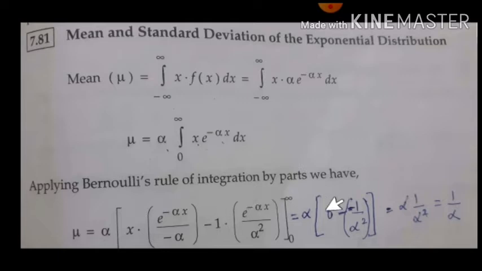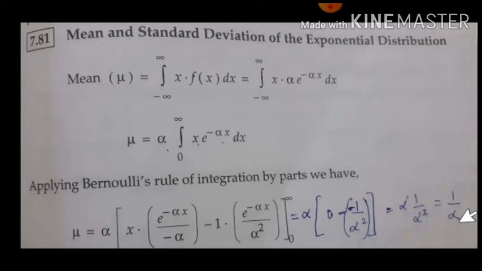So minus 1 by alpha square. So minus minus become plus, alpha into 1 by alpha square, alpha alpha get cancelled. So the mean of the exponential distribution is nothing but 1 by alpha.